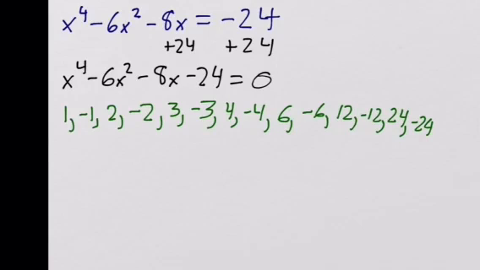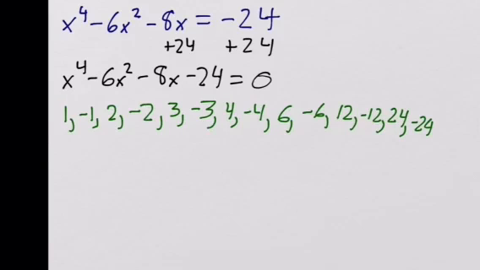So really at this point it's just going to be guess and then check based on these numbers. Now I would not recommend starting with numbers like 24. Instead I'd recommend starting with the small ones, although when I have stuff where the leading coefficient isn't 1, I do like to start with integers.